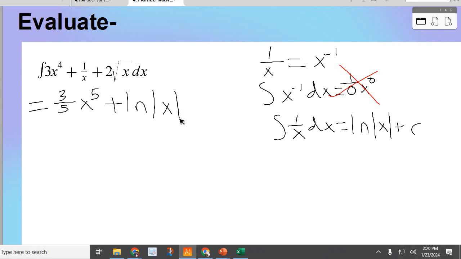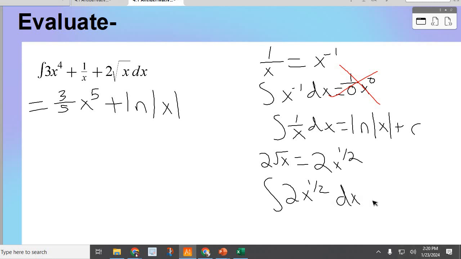Okay, what about our next one? What can we rewrite a square root as? 2x. Okay. So then when I take the integral of that, still adding 1. So what is 1/2 plus 1? Okay, and then how do I undo, or how do I divide by 3 over 2?